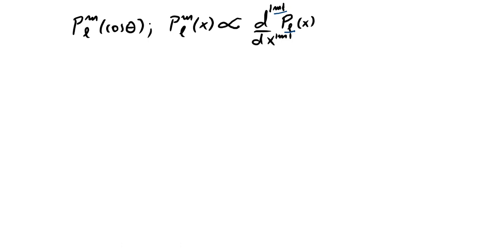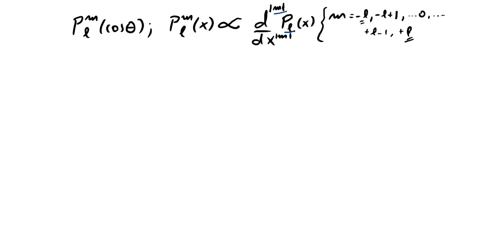So m has to go from minus L to minus L plus 1, because it has to be an integer, then minus L plus 2, and so on. Then you have 0, then L minus 1, and plus L. So it has to go from minus L to plus L only in integer numbers.